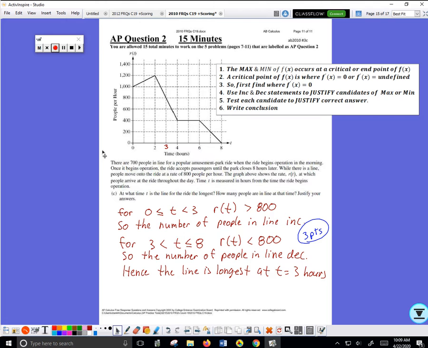So I want to use that whenever I encounter a problem that is talking about finding the max or min of anything. I want to follow these steps. Just make sure you don't mix it up with relative min or max. So are you okay that this is not asking for relative min or max? Yeah, 'cause it wants when the line is longest to do the whole thing.